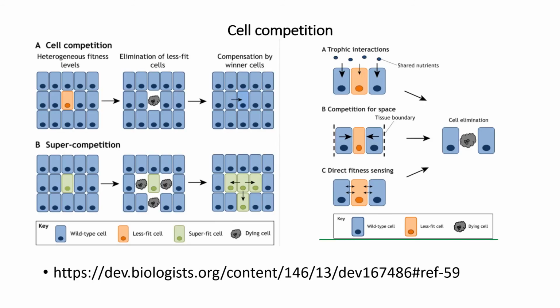And here that is related to this topic, that is cell competition, that in the sexcom or in cancer the cells seem to be competing, and so here you have in blue the wild type cells, and here you have a less fit cell. So what is going to happen is that the less fit cell is going to die. So here you find a case when the cells are competing and some of them will survive.